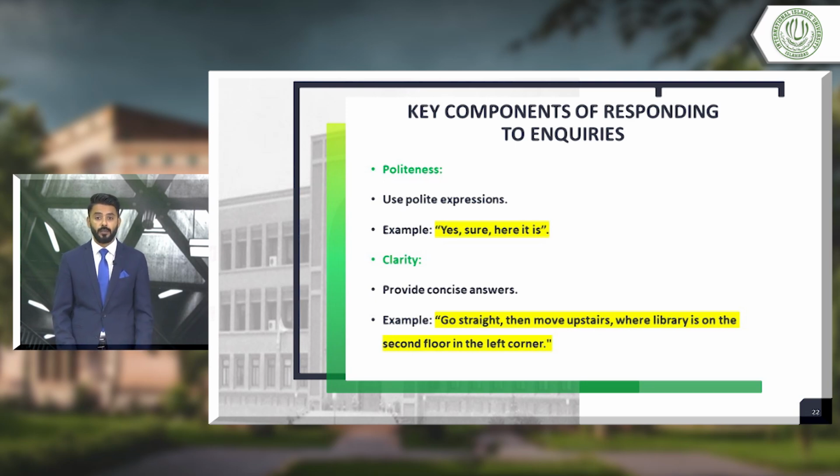So instead of leaving an unclear response to the inquiry, you must say go straight, then move upstairs, where the library is on the second floor in the left corner. Now here the person who inquired about the location of the library does not need any further information. So these are the two very important and key components of how to respond to those inquiries.